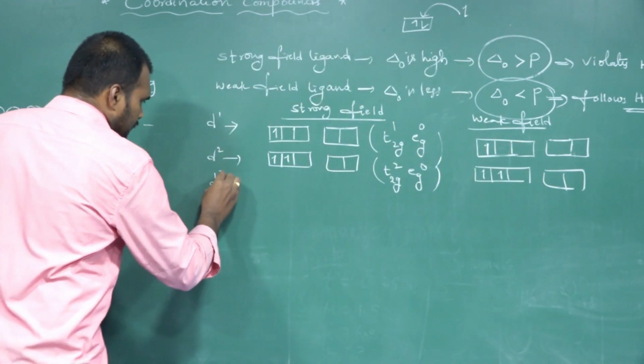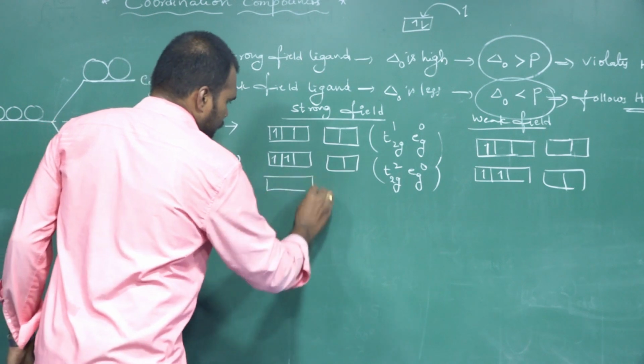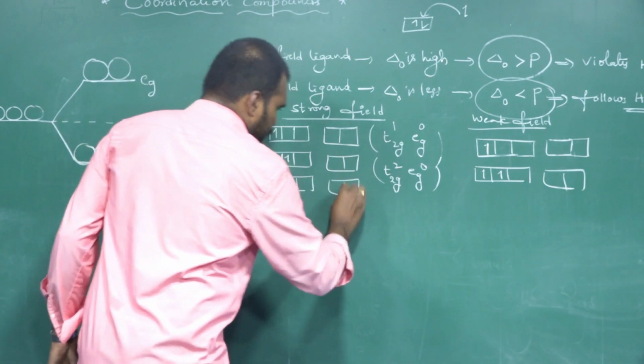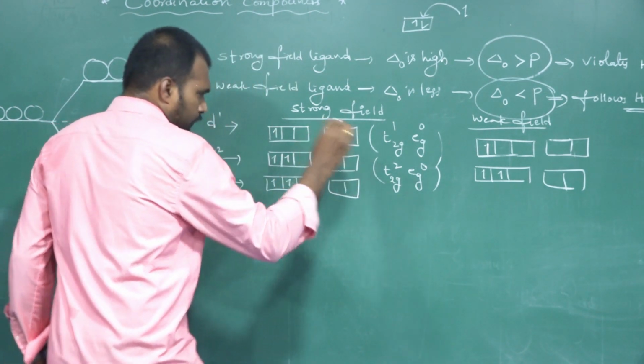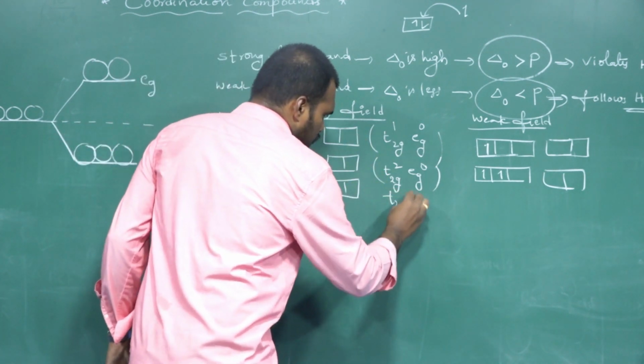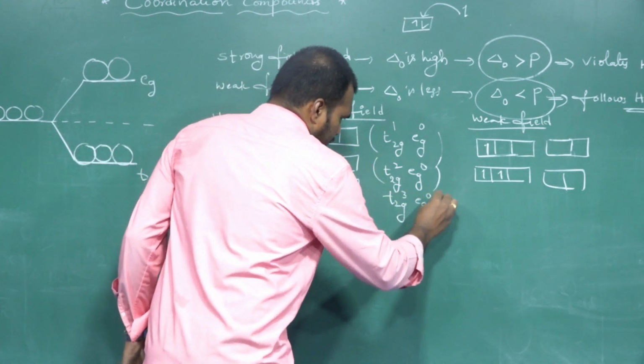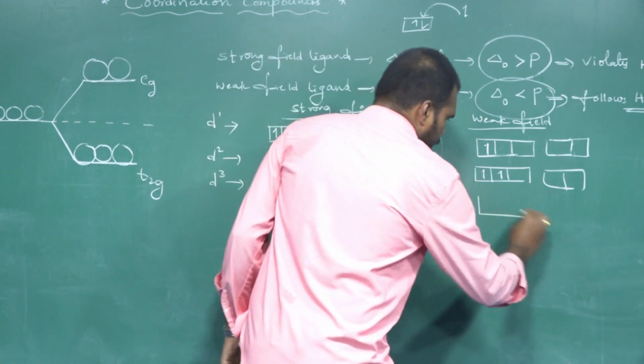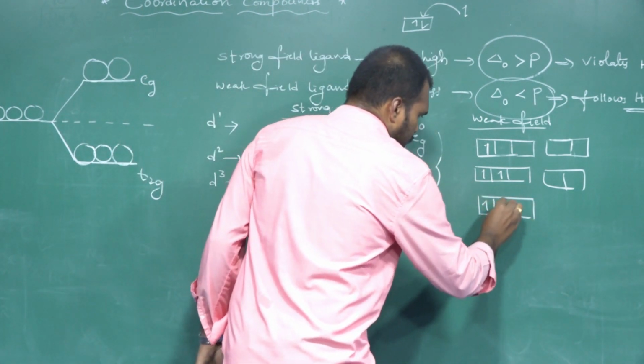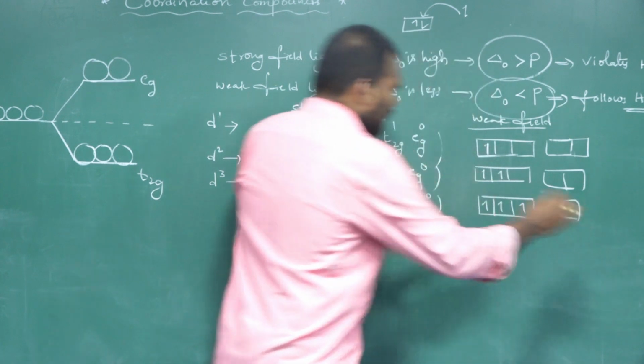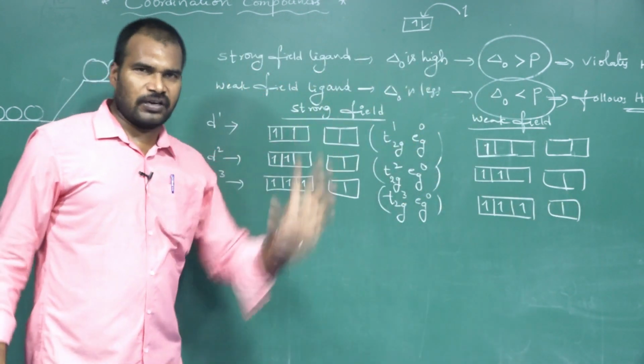Next one, d3. 1, 2, 3. So the configuration is t2g3, eg0. So there is no difference between strong field ligands and weak field ligands.